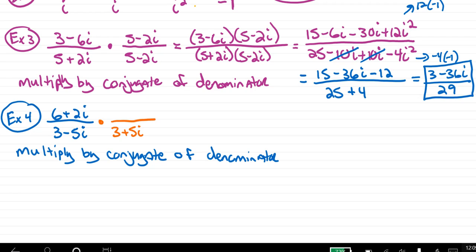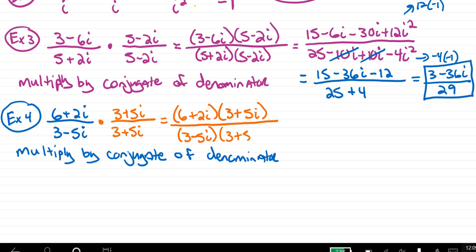And again, that thing I'm multiplying by needs to be the same top and bottom. So then what I have is 6 plus 2i times 3 plus 5i. And in the denominator, I have 3 minus 5i times 3 plus 5i.